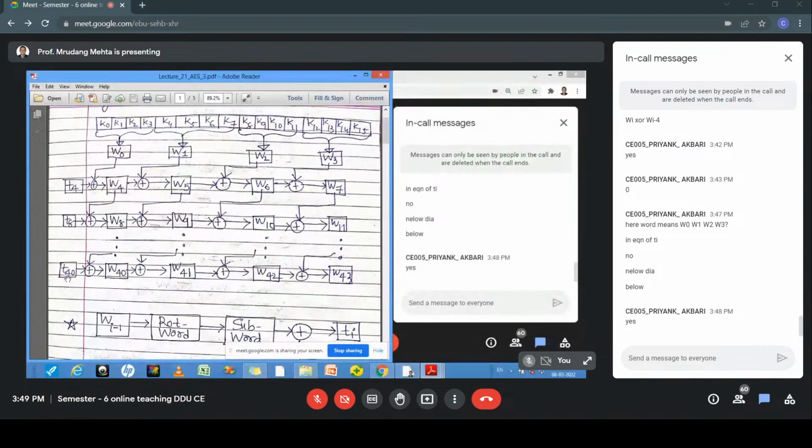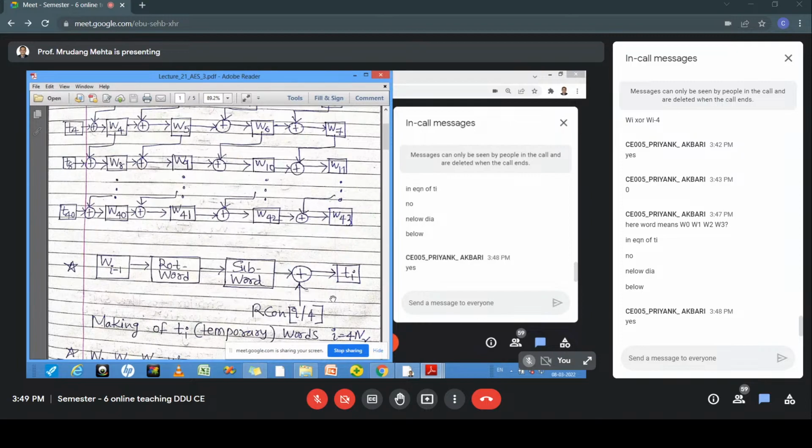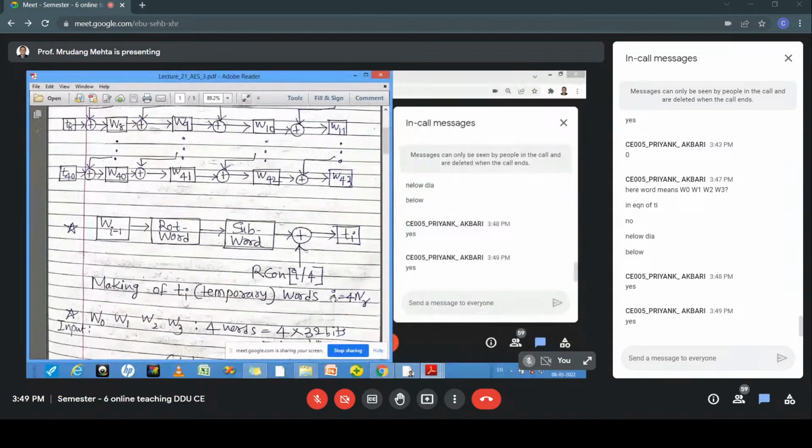We need these keys not for the first, because here we already have a key. But here we don't have a previous block, and that is why we take a temporary word, which we obtain by following this process. Understood? Priya?